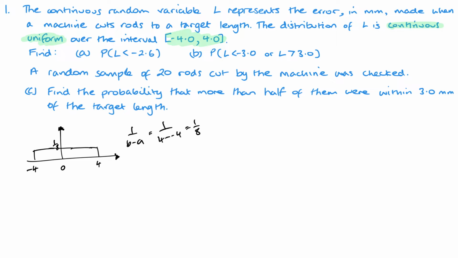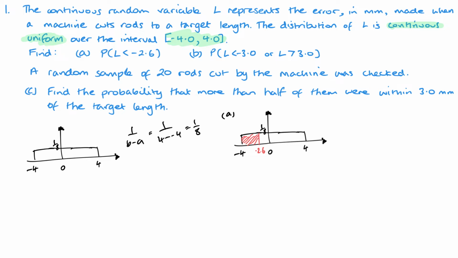Now from here, parts A and B should be quite straightforward. If I look at part A, for example, and we'll take another copy of the sketch, I want to look at less than -2.6. Less than would be this area. We've got a base, the difference between these two values, and a height of 1/8.